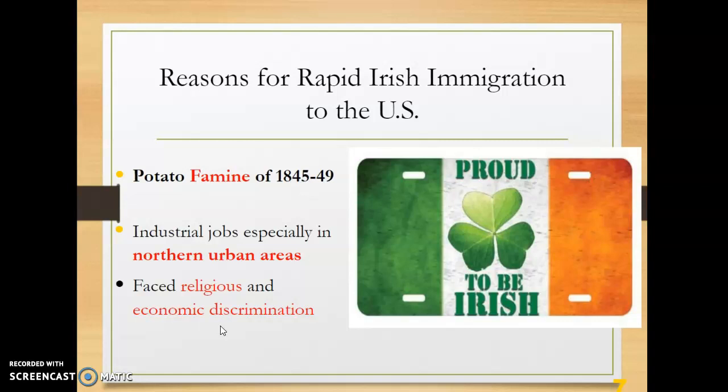People didn't like immigrants, whether it was Irish or other immigrants coming from Europe to the United States, because that meant competition for those factory jobs in the large cities. And so there was a lot of hatred, a lot of discrimination during this time period.